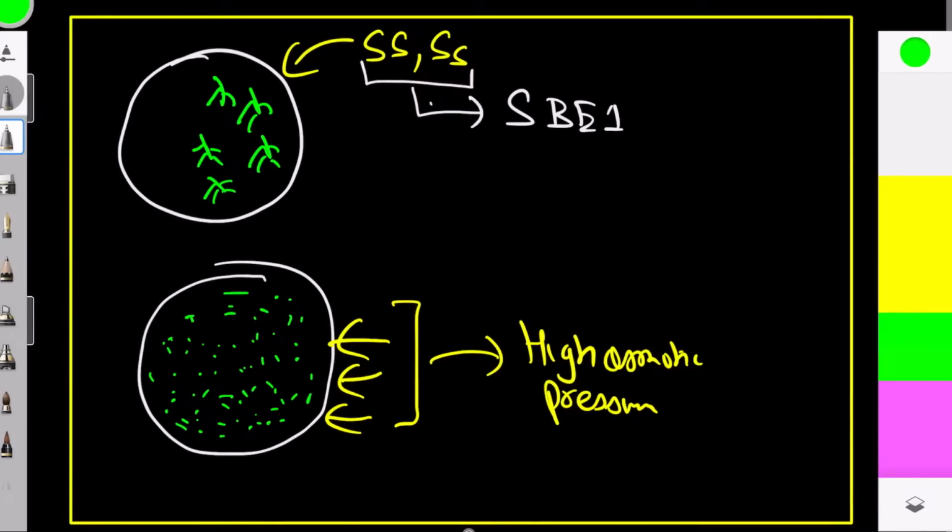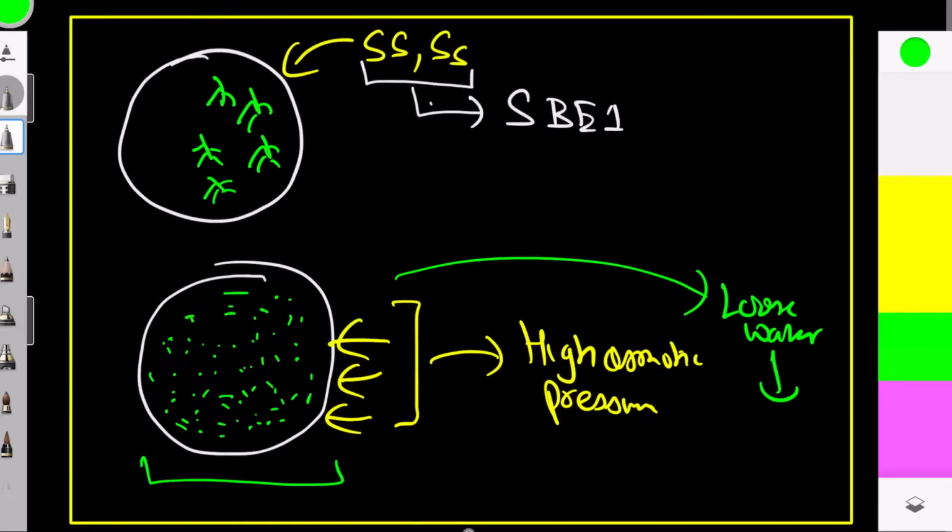Now with the time of development of seeds, these seeds will lose water. Now when they lose water, earlier they were round, but now they will become wrinkled.